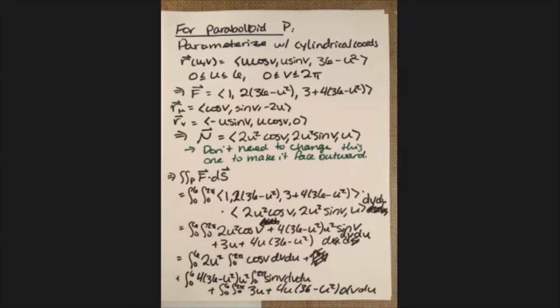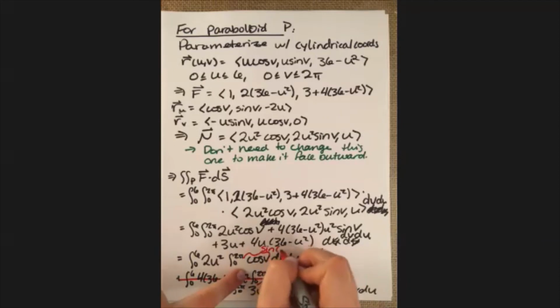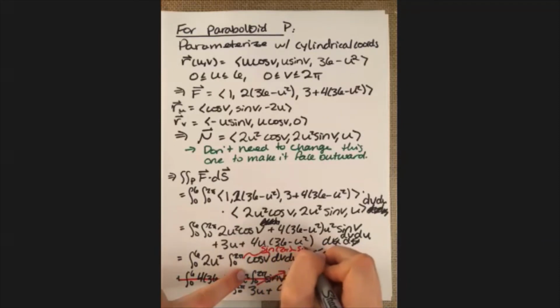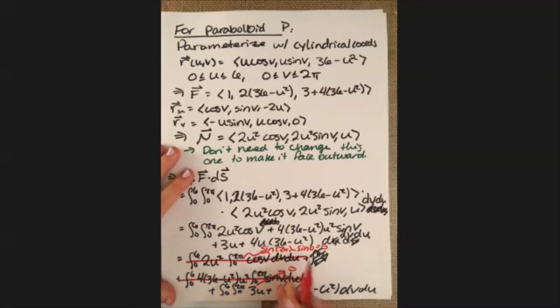So again, same trick as from earlier. This guy right here is 0, so that knocks out this entire term. Similarly, this piece right here, I've got sine of 2 pi minus sine of 0, which is just equal to 0. So this whole piece is gone. The only piece that we have to worry about now is that last term right there.